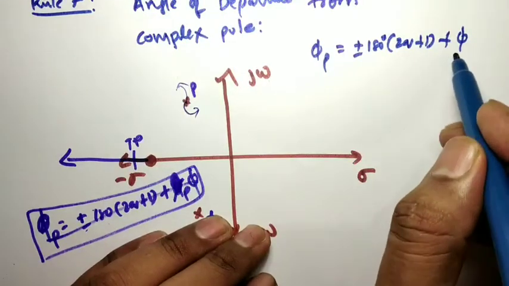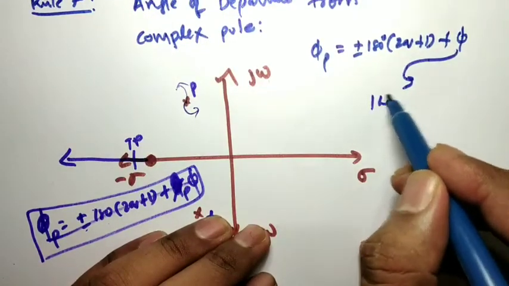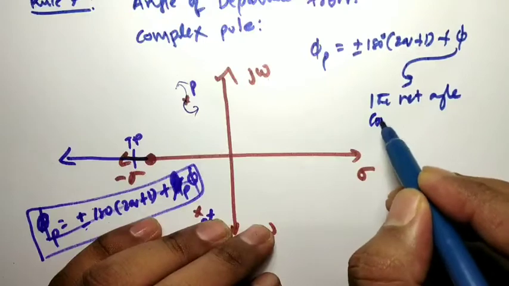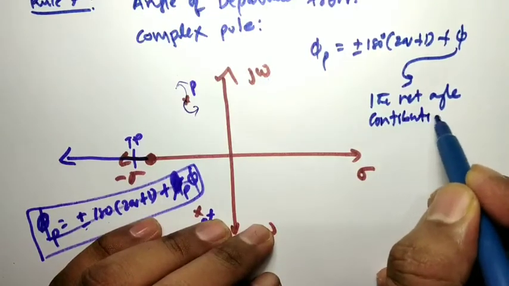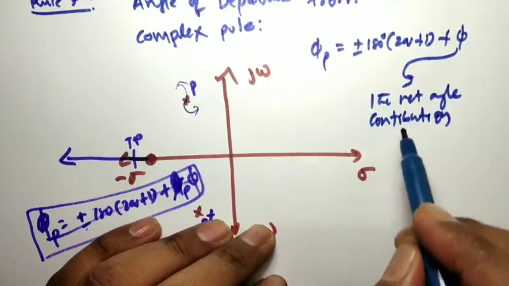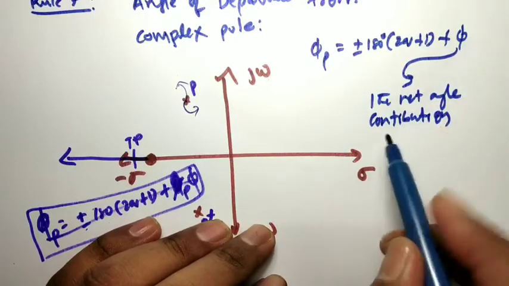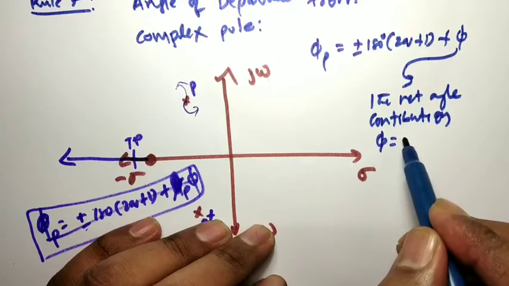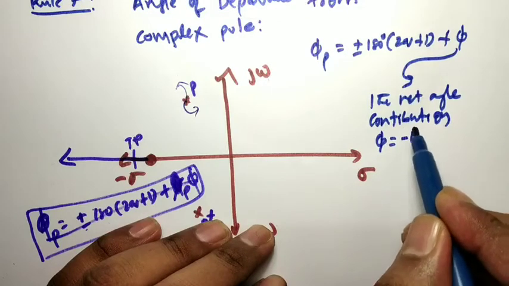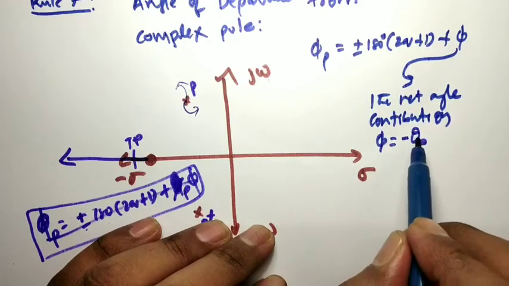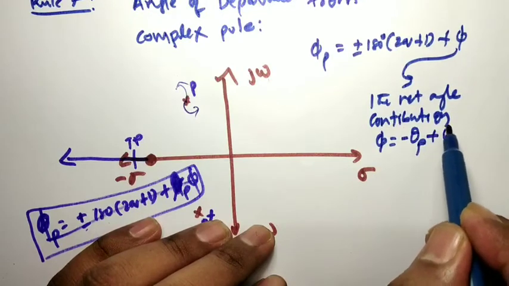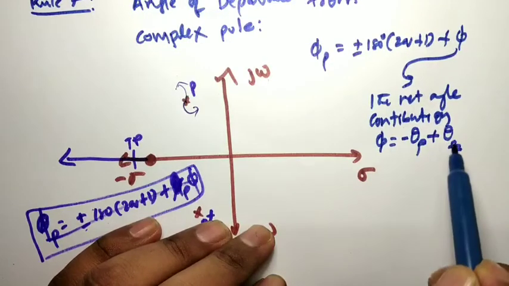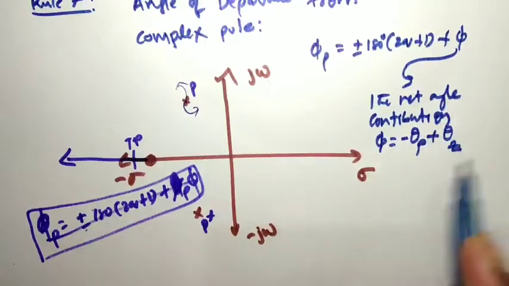Phi is equal to the total angle contributed by zeros minus the total angle contributed by poles.